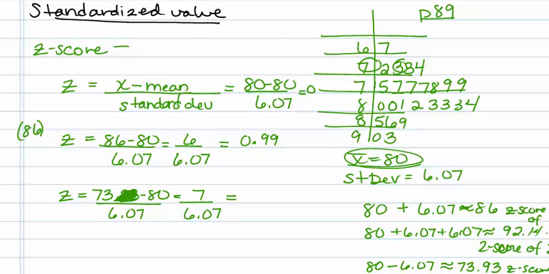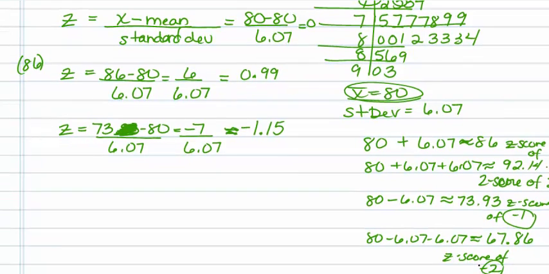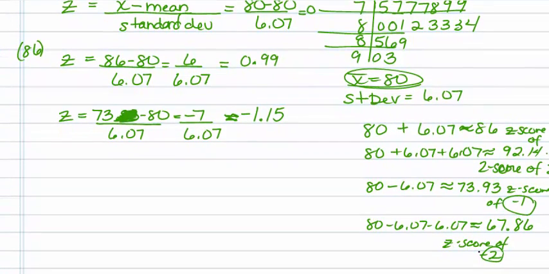Hold on a second while I calculate this. And that works out to around -1.15. I always say around because I don't like to put equals if I'm rounding. Around 1.15 in the negative direction away from the mean. So that's how we'll be calculating a standardized value, or z-score.